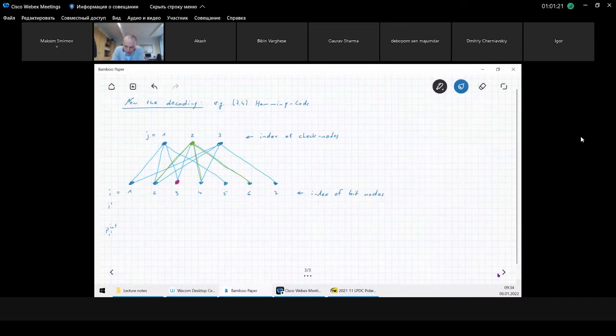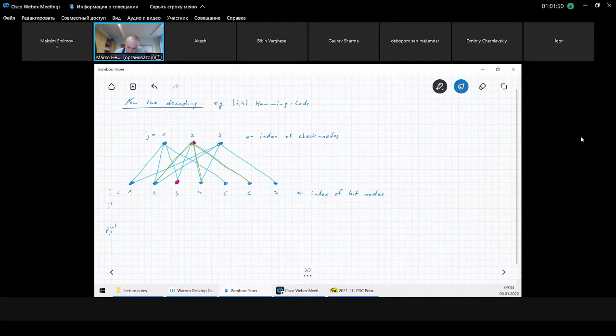So the question is, what information on bit node 3, so on observation 3, can we get from knowing the observation of these values here and knowing that at the end, if the sequence is a correct sequence, the check node needs to be 0.